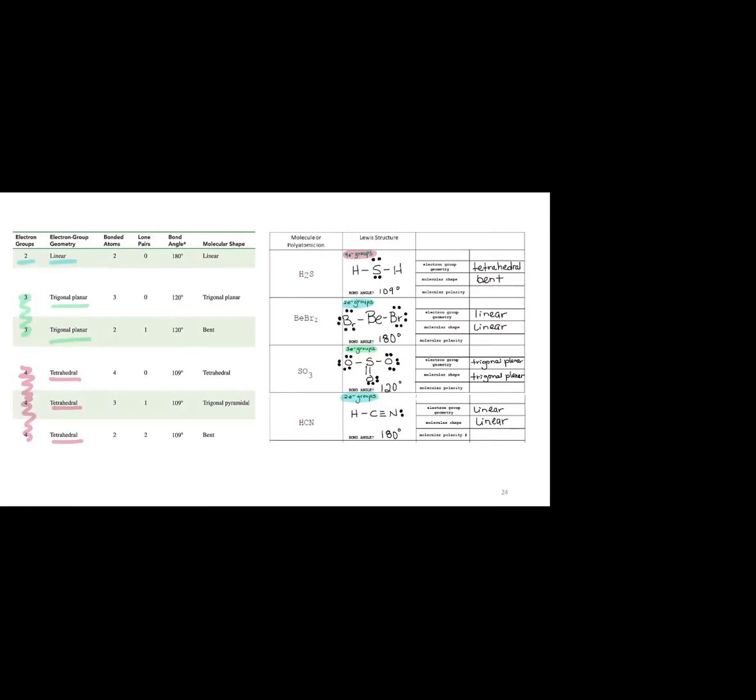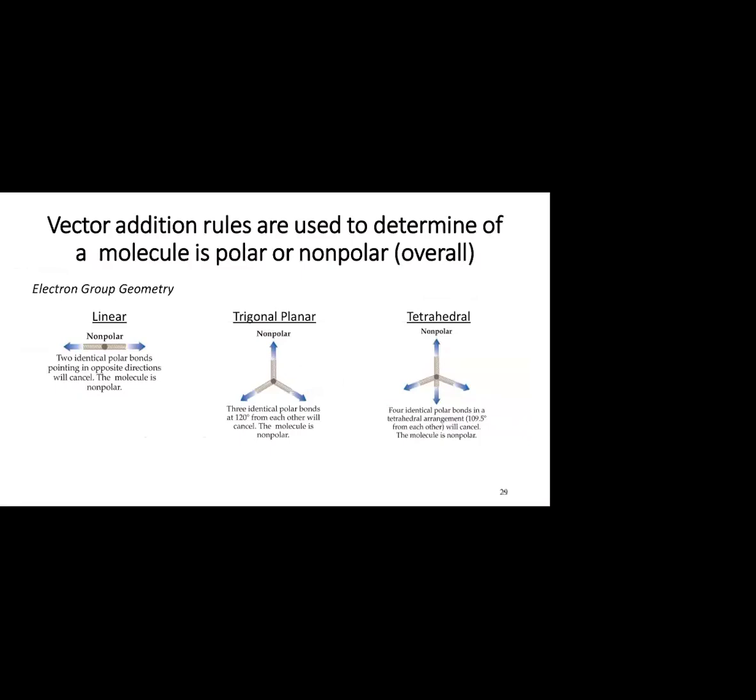What is molecular polarity? Molecular polarity is based on the overall picture of the molecule, and what this determines is whether I'm dealing with a polar molecule or a non-polar molecule.